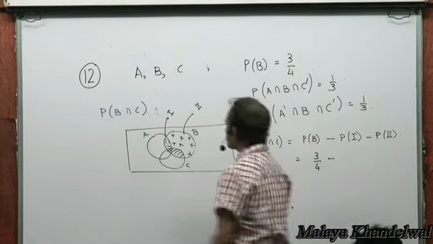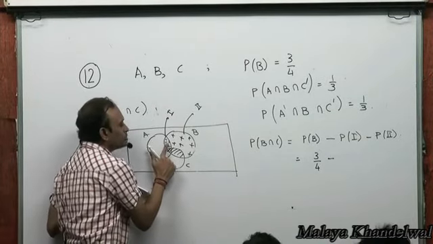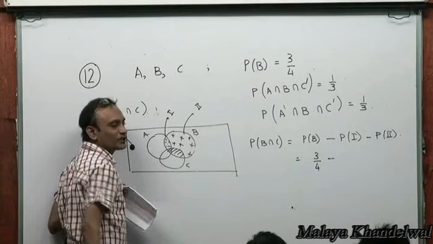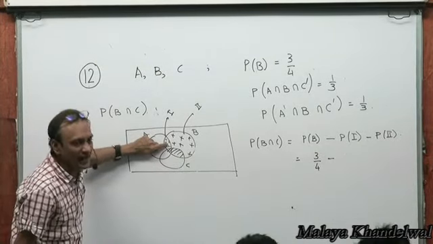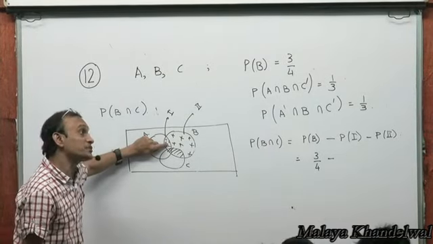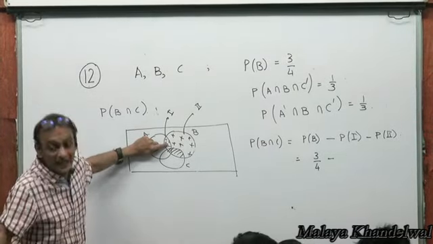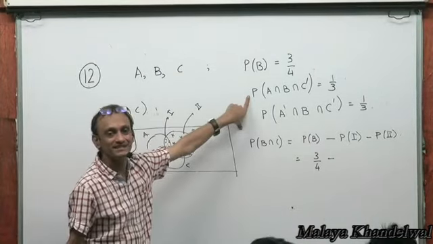Now, probability of B is given to be 3/4. Region 1 is what? The region common between A and B, which does not include C. That means A intersection B intersection C complement, which is this.